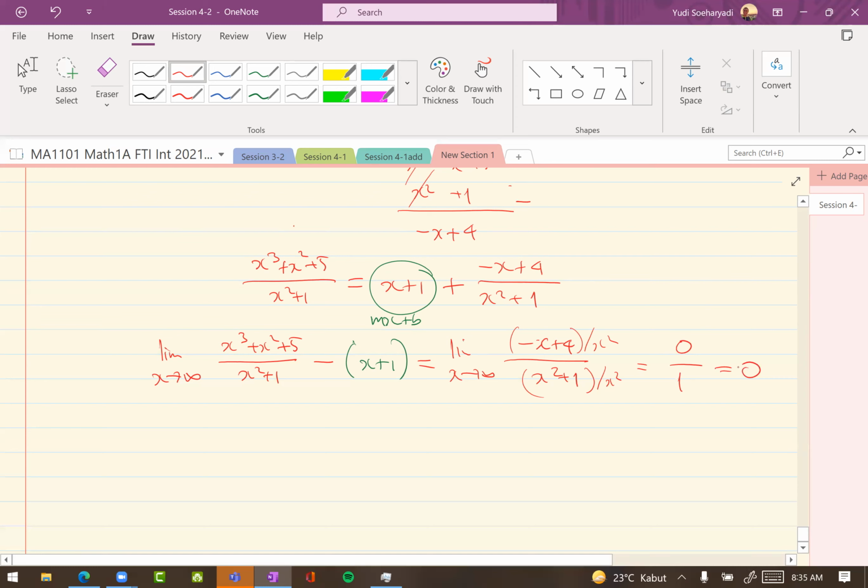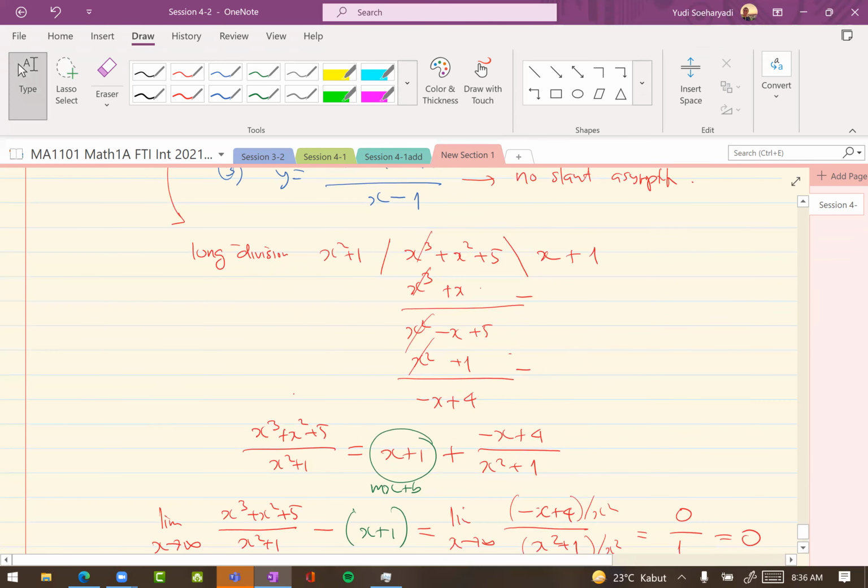All right, so this shows you that y equals x plus 1 is the slant asymptote. Okay, so looking for a slant asymptote is not calculus at all, just algebra using long division.